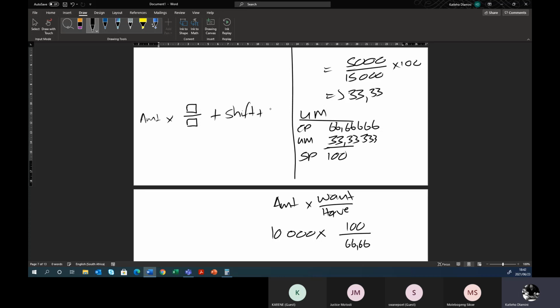After you do that, you will get a mixed fraction, 33 1/3. So your sum will look something like this: 10,000 multiplied by 100 over 66, and this is going to be 2/3 if I'm not mistaken, 66.66 recurring.